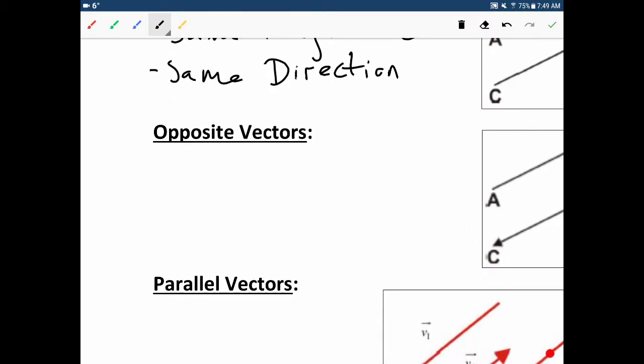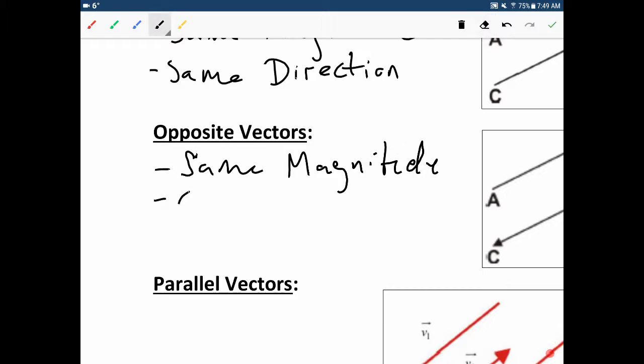Opposite vectors have the same magnitude, but what is different is the opposite direction.